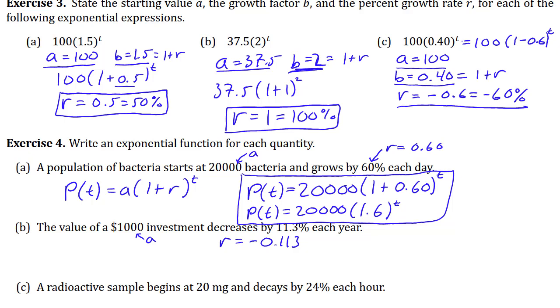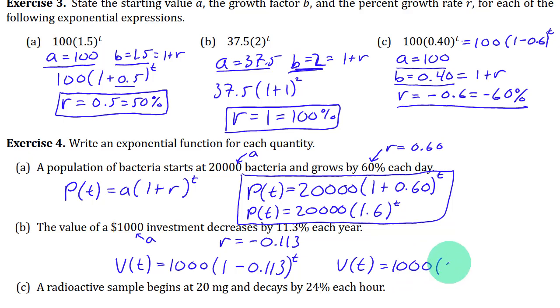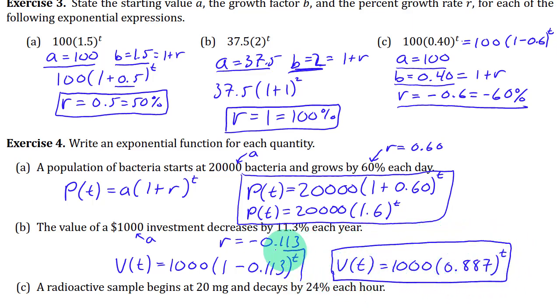So we're going to say, let's call it V of t equals 1,000 times 1 minus 0.113 to the power t. And you could write it like that, or you could also write it as 1 minus 0.113 should be the same thing as 0.887 to the power t. Like so.